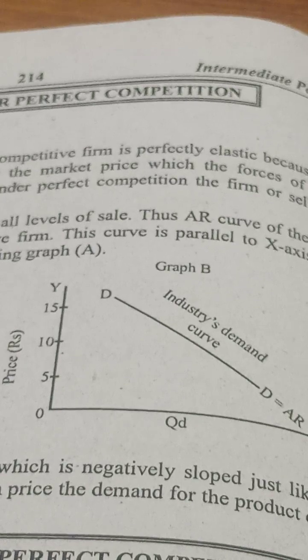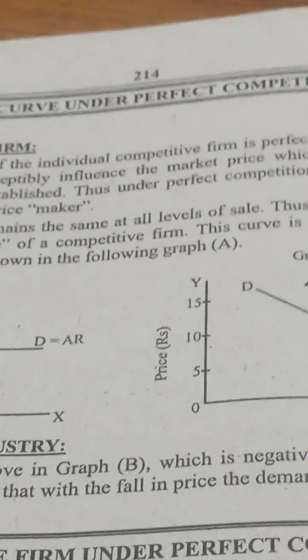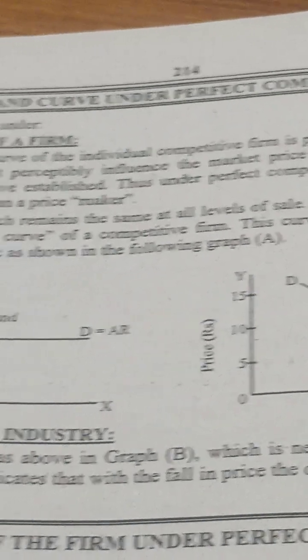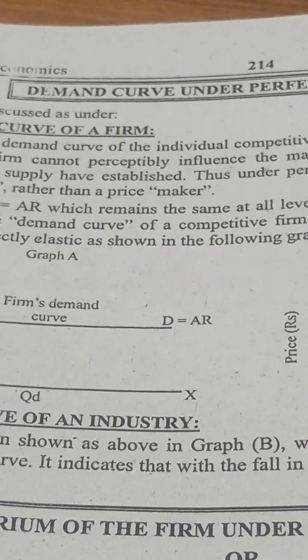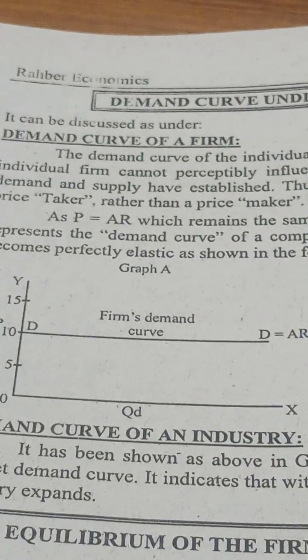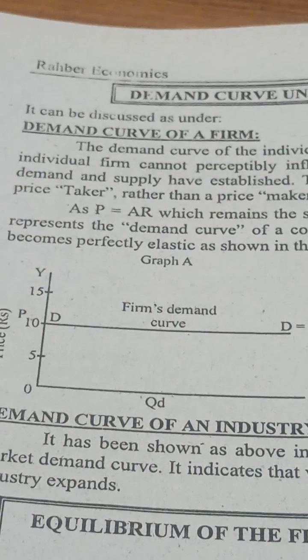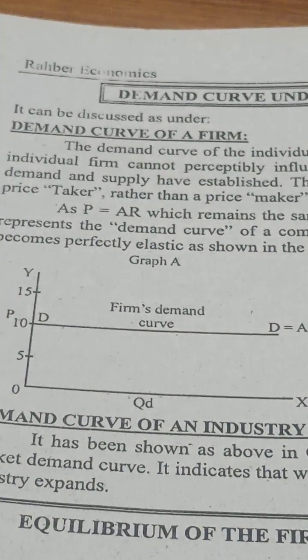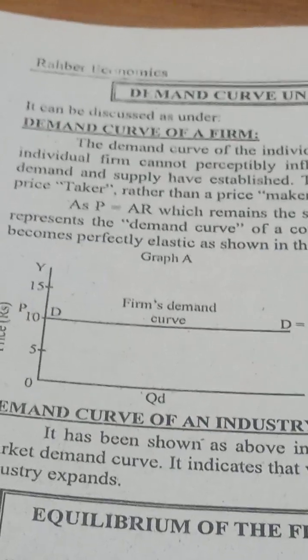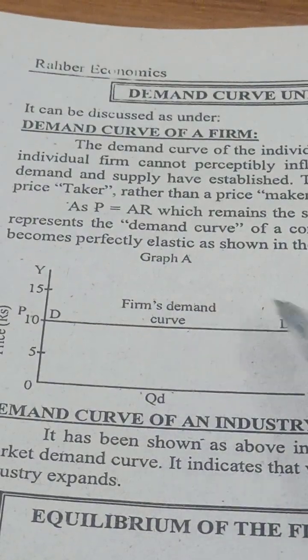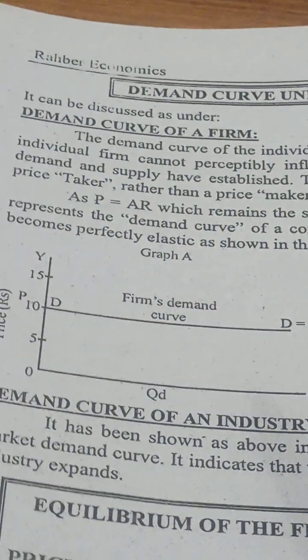Under perfect competition, there is a situation that price cannot be changed by the supplier or demander. In this case, price remains fixed whatever the quantity demanded of a product. So in this case, the demand curve is horizontal.